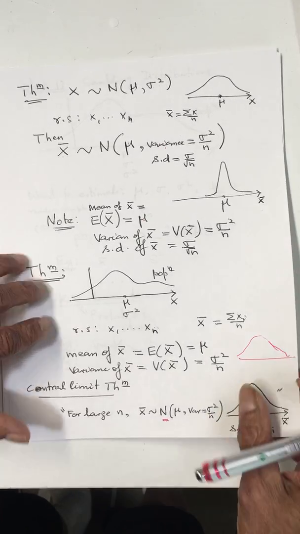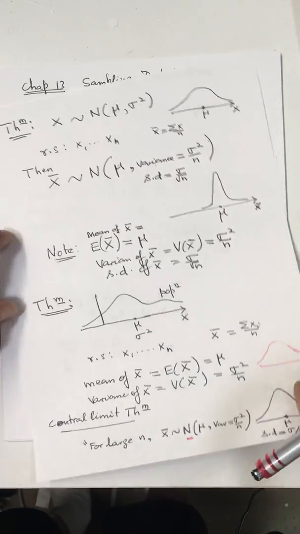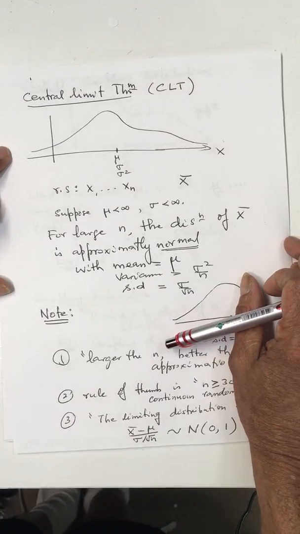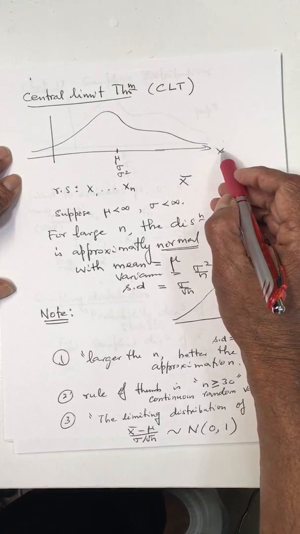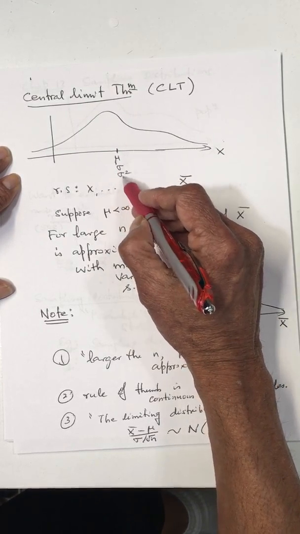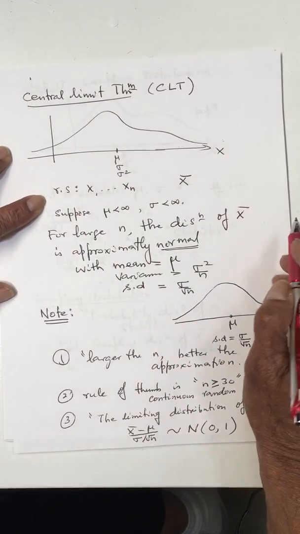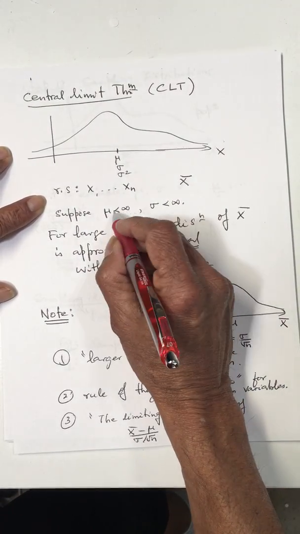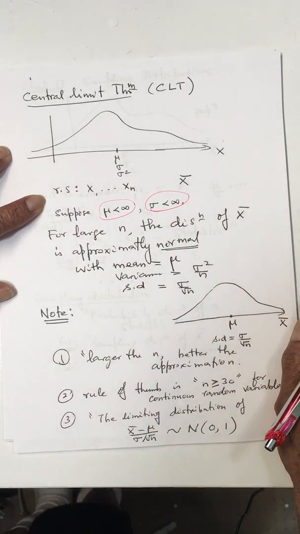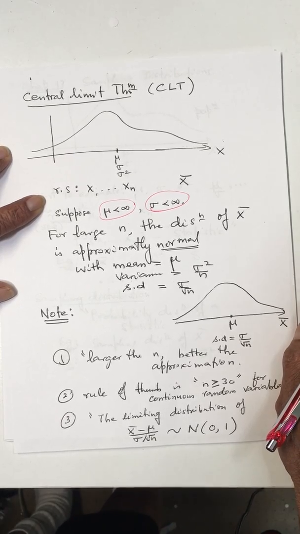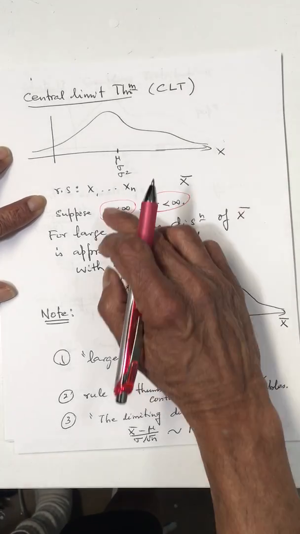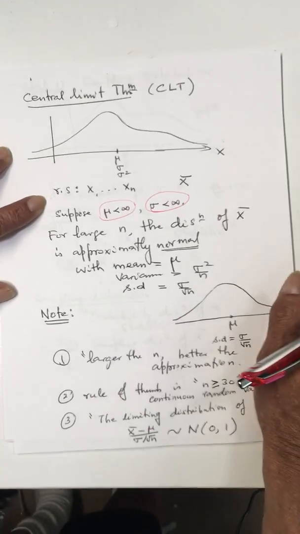Okay, so let me write down this theorem in a formal way. The central limit theorem goes like this. If you pull a random sample from any distribution, say with these mean and variance, the only two conditions are that the mean has to be finite and the standard deviation has to be finite. In other words, they need to have values. In this class, all the things we look at have a finite mean and variance in general.